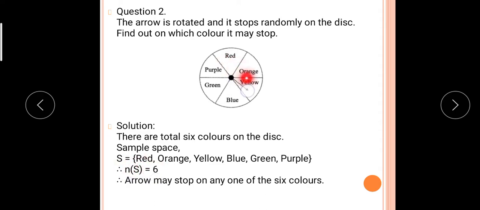Maybe red, orange, yellow, blue, green and purple. Means total n of s is 6. The arrow may stop on any one of the 6 colors. When you are rotating that circle, the arrow will stop randomly on any color.